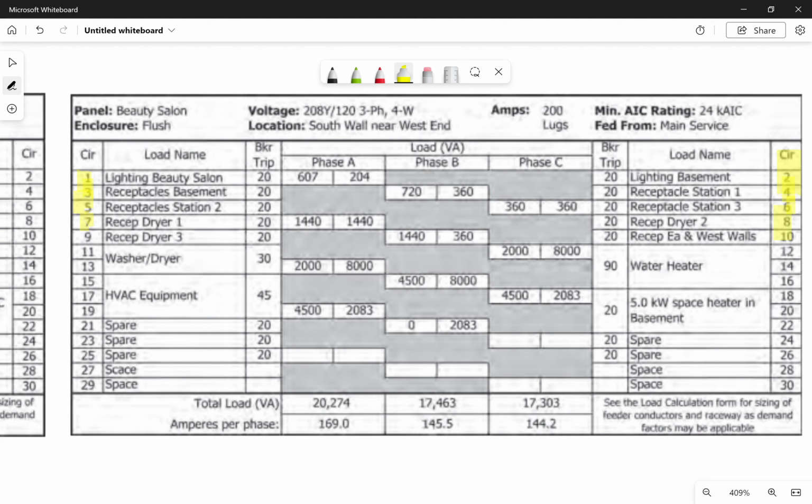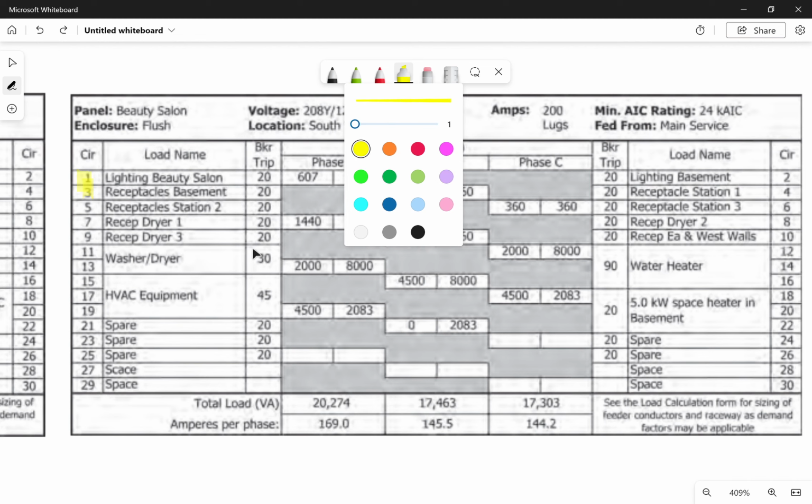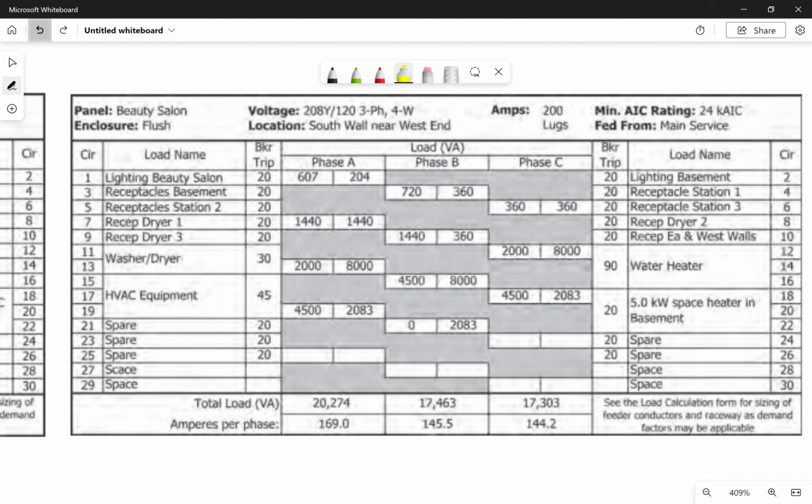What that does for us, we have our 3 phases: phase A, phase B, and phase C, and each line of the breaker panel is a separate phase. 1 goes to phase A. 3 goes to phase B. 5 goes to phase C.